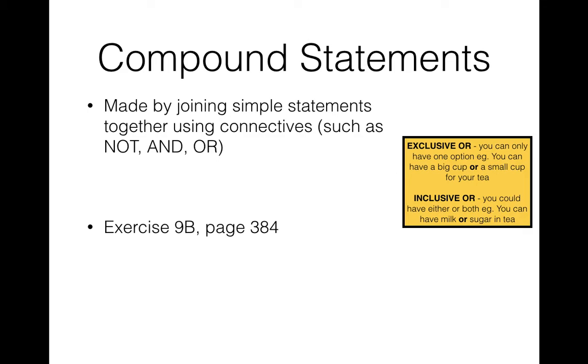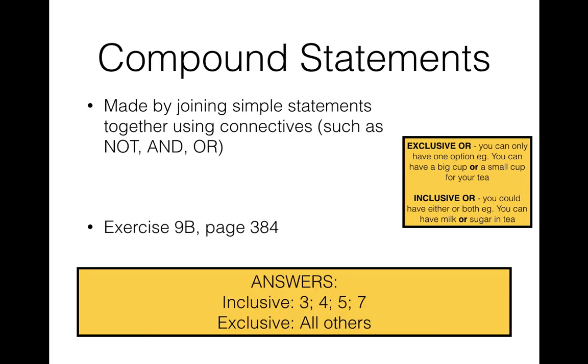You could have either of them, or you could have both. So this is something we're going to need a little bit of practice with. So again, if you could just go to exercise 9B on page 384 and see whether you can work out whether or not they're using an exclusive or an inclusive or. Okay, again, you should have finished exercise 9B now, so just check your answers.